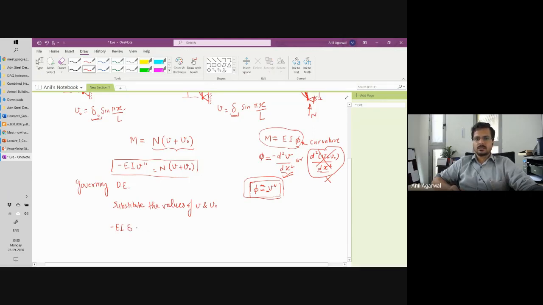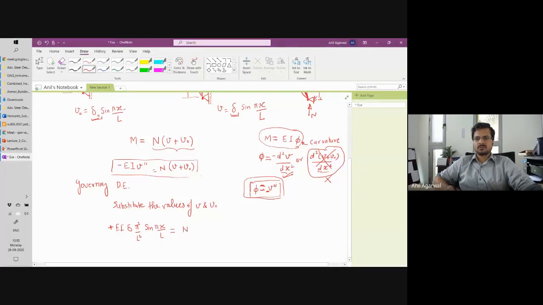Sine will remain sine, but it will become minus, so yes, it will become plus sine. Pi x by L will remain pi x by L, but the pi square and L square factor will come, pi by L will come twice in front. Okay, so this is the double derivative of V after substituting for the values of V and V naught.